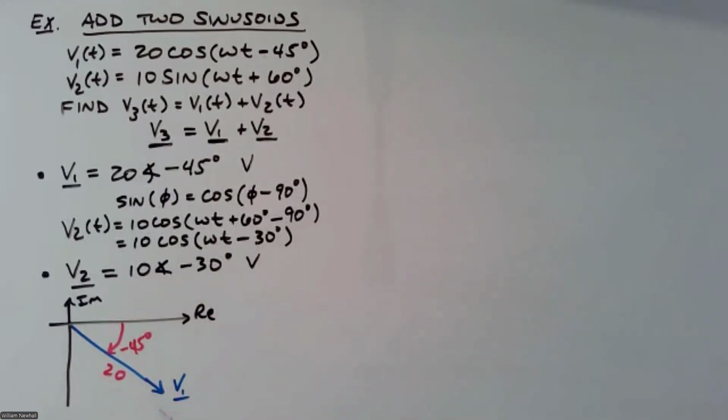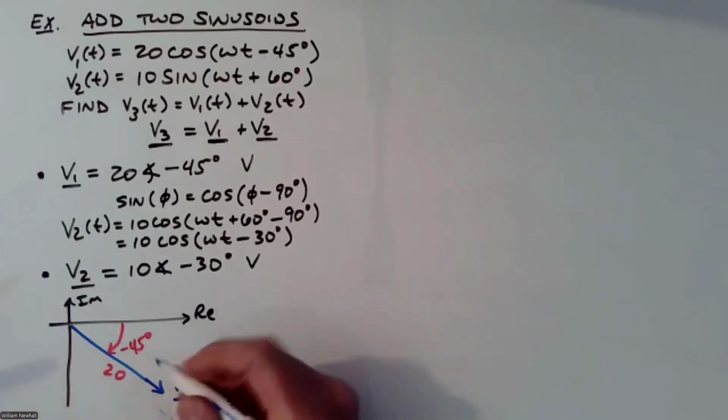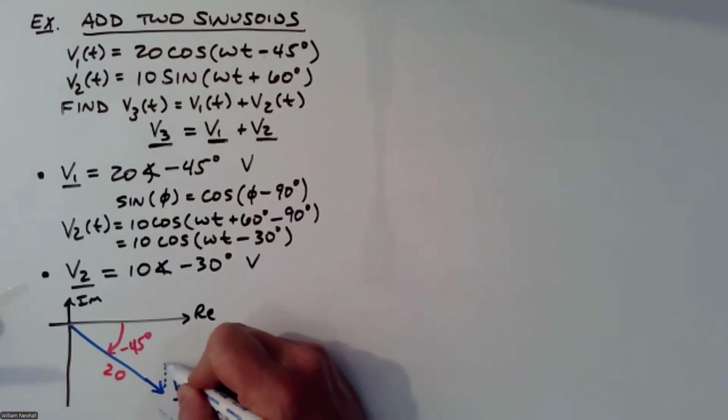It's negative 45 degrees, so I'm below that axis. You can figure out the real and imaginary components.